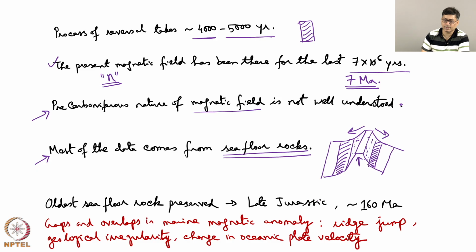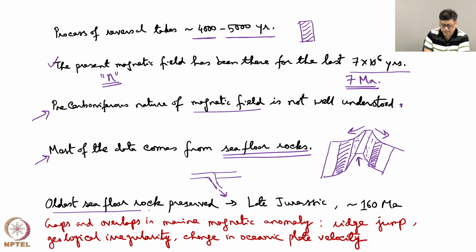However, we know that the sea floor gets destroyed due to the subduction process. One plate can subduct below the other one, and the subducted part goes to the asthenosphere and becomes difficult to trace. So, very old oceanic crust does not exist.